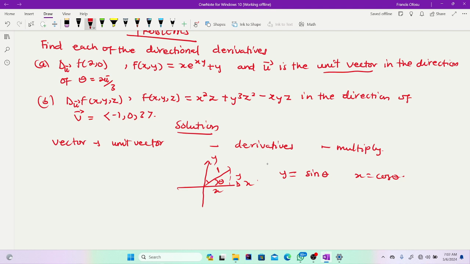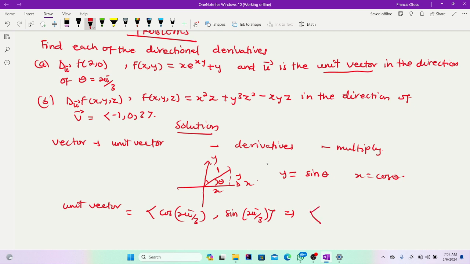So now our unit vector is simply equal to angle brackets cos 2 pi on 3, comma sine 2 pi on 3. So what am I getting for this? What is cos 2 pi on 3?